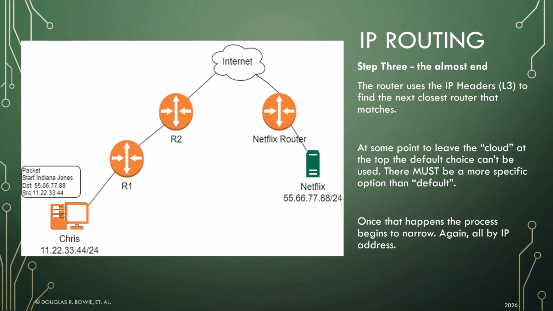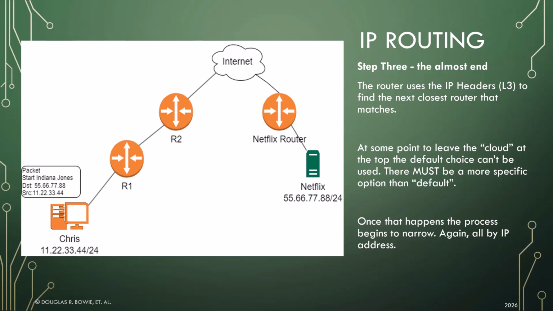At some point, there is no more default route. I'm going to talk a little about that in the next slide. But at some point, a router in the internet is going to say, oh, I know where 55.66.77.88 is. I know what network that's part of. Let me send it down to the Netflix router and they'll deal with it.